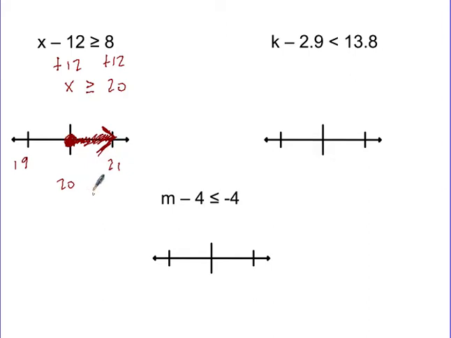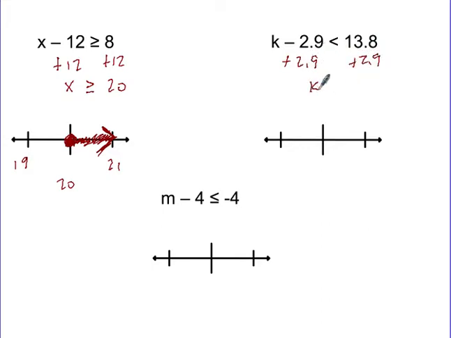You can't just make a line. Well, as long as I can see your line. If you put a line that happens to just cover up that, make sure it's dark enough or bold enough that I can see it. So it doesn't have to be scribbles. For this one, plus 2.9, plus 2.9.